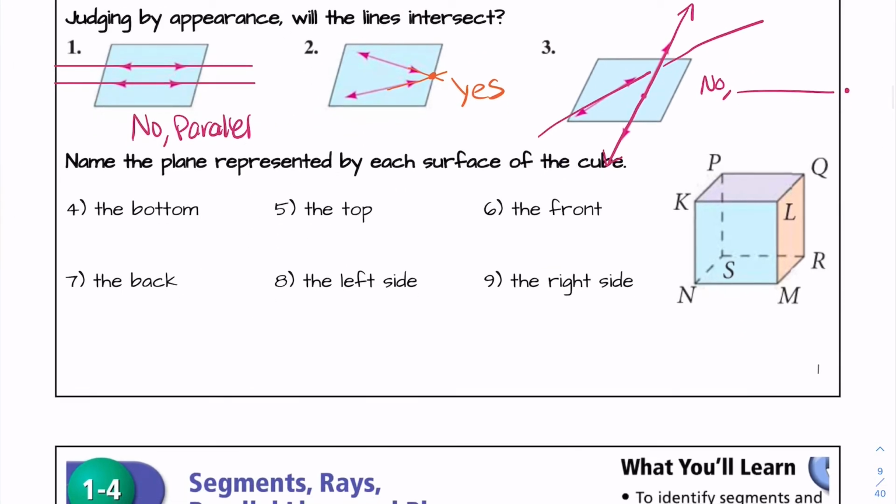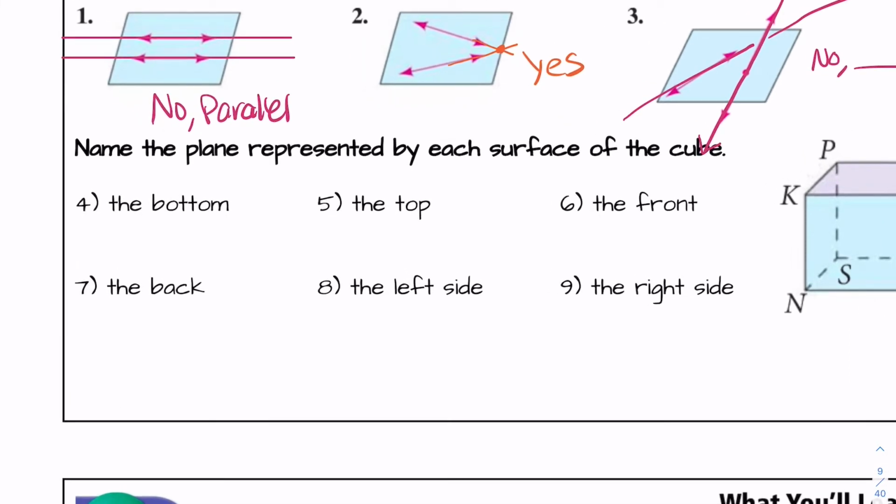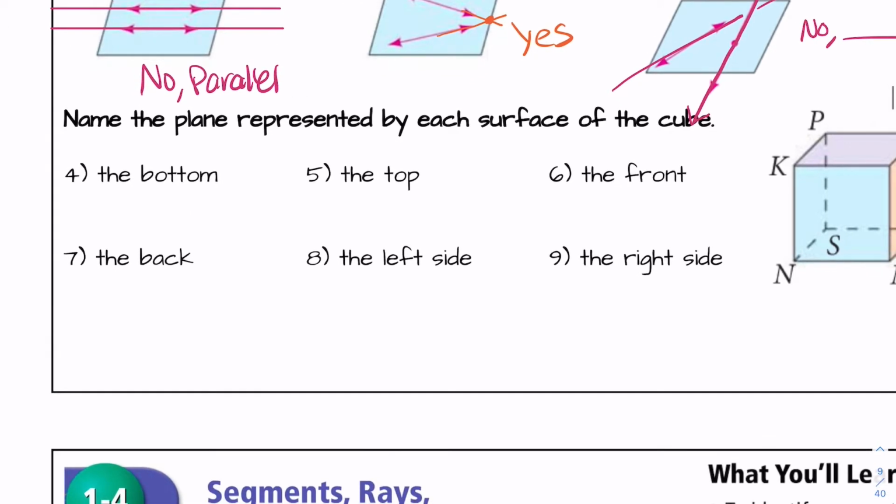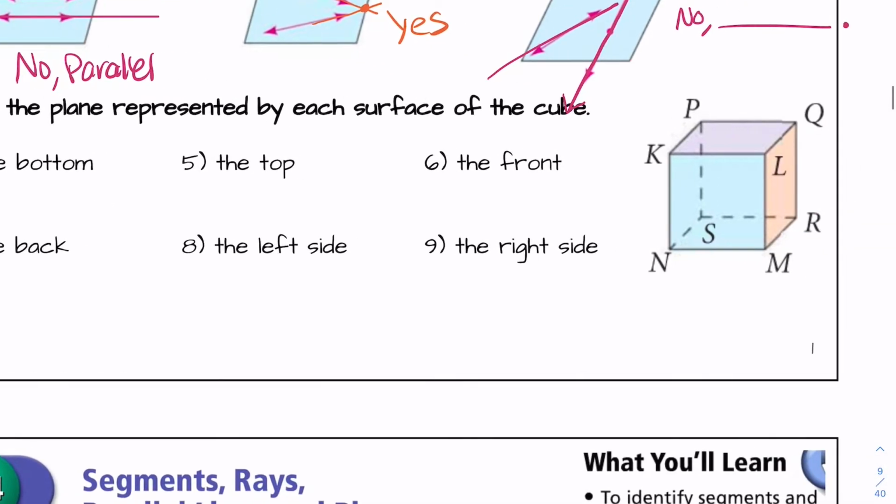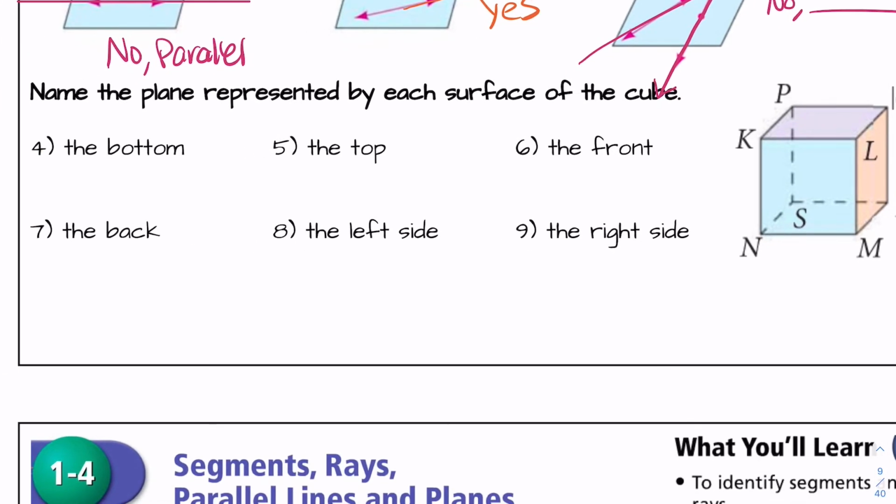All right, here for numbers 4, 5, 6, 7, 8, and 9, we have name the plane represented by each surface of the cube. So the bottom, we can call this plane NSM. That's just one of the answers. You might have something different.